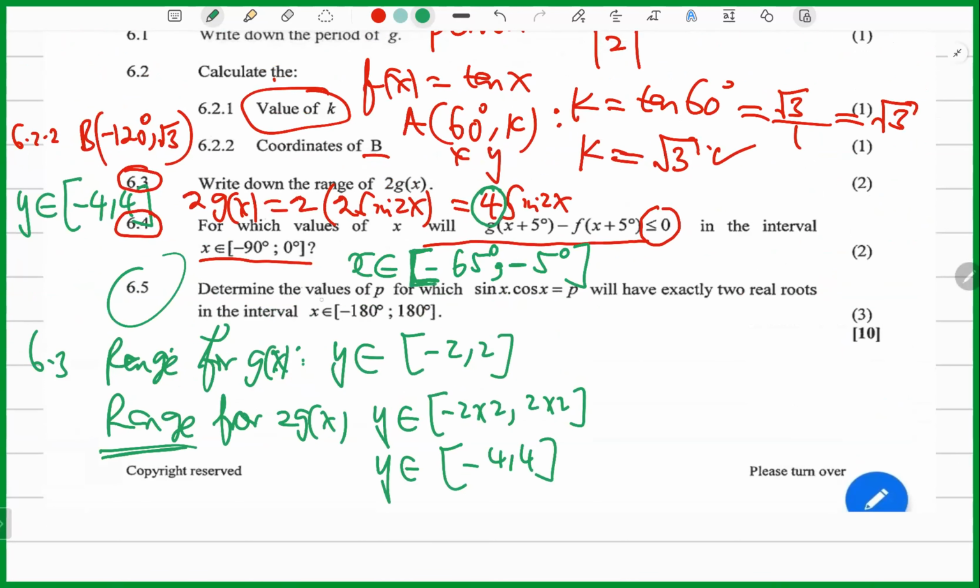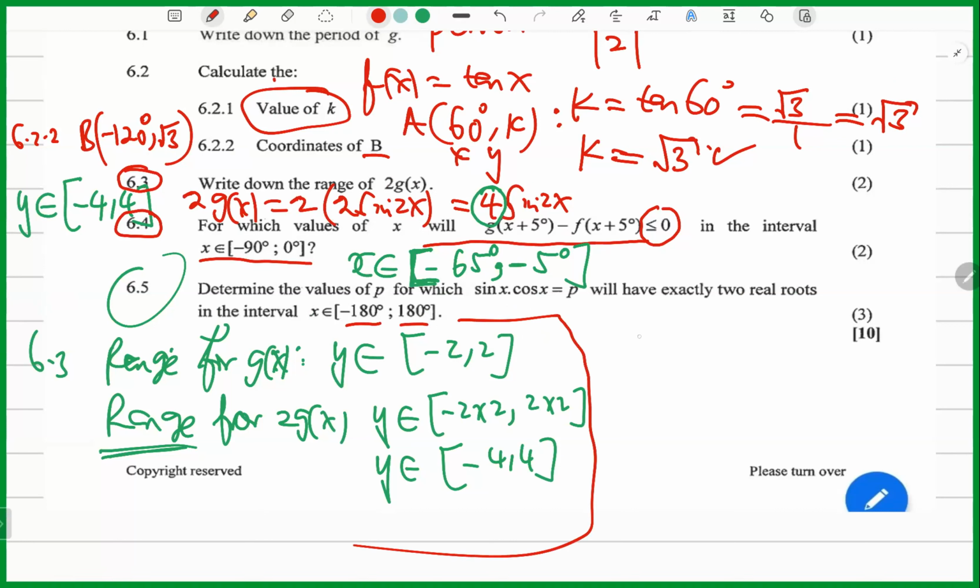Okay, let's look at 6.5. Determine the values of p for which sine x times cosine x equals p will have exactly 2 real roots in the interval between minus 180 degrees and 180 degrees.